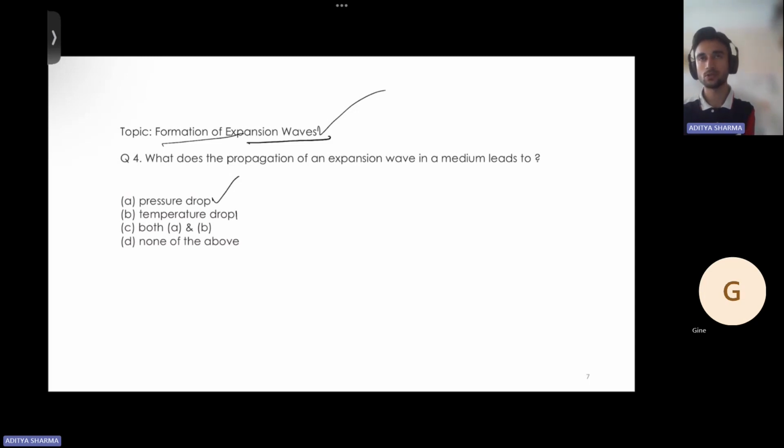In normal shocks, from the modeling of normal shock waves, we saw that the pressure was increasing, the static temperature was also increasing, and static density was also increasing.